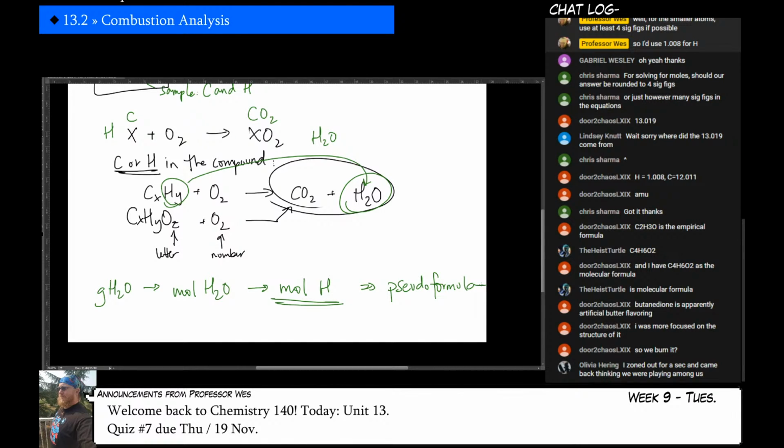Because I know all the hydrogen that's in that water came from the original sample. So this is just a roundabout way of finding the mass of the hydrogen and turning it into moles. Instead, we're going to use the mole-to-mole ratio to do that.